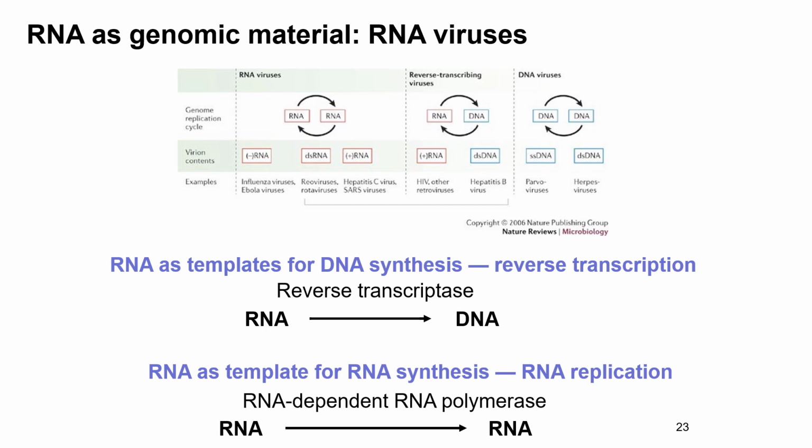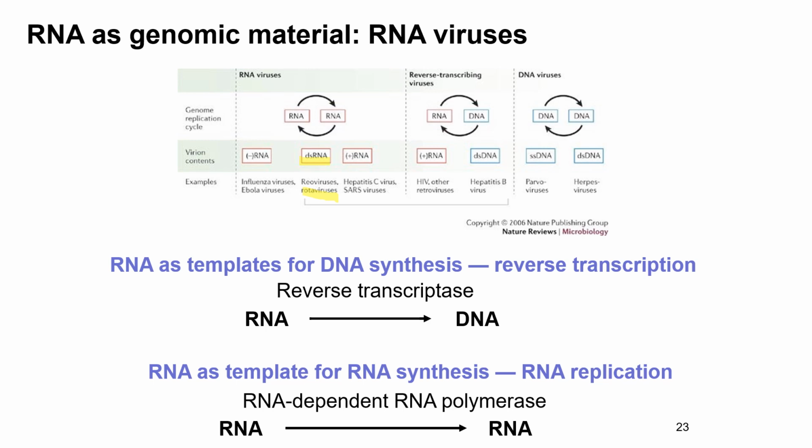Here we will take a closer look at RNA viruses, which use RNA to store their genetic material. They do so in different ways and are classified accordingly. For example, some viruses have double-stranded RNA, like rotavirus, while others are single-stranded.